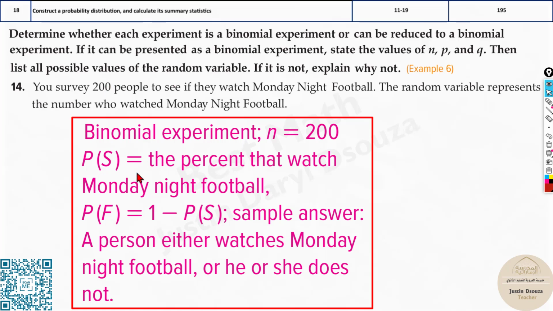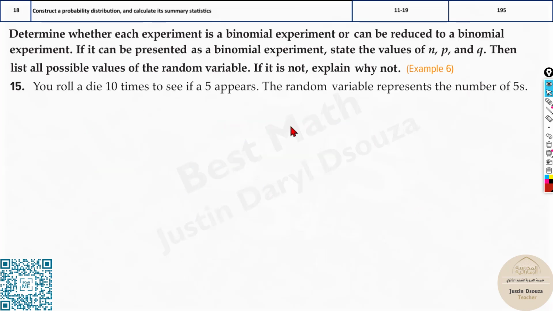It's a binomial experiment. The percentage of people watching Monday Night Football is basically the probability of success, whereas the probability of failure is given by 1 minus the probability of success. That's it. If you know the probability of failure and want to find the probability of success, it's 1 minus P of F, and the other way around. And over here, a person either watches Monday Night Football or he or she does not. That's it. Same way you can go through these.